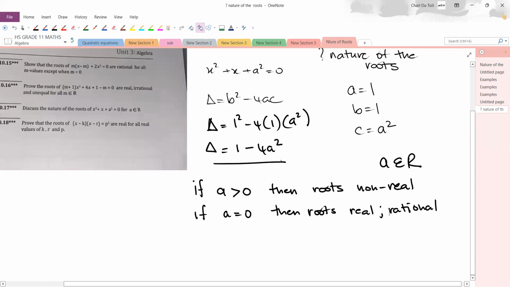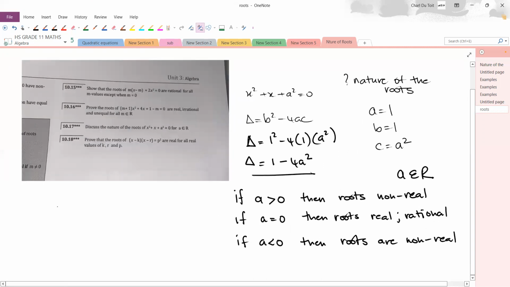And if a is smaller than 0, a negative value like -2, then again I get non-real roots. This is a dumb question.